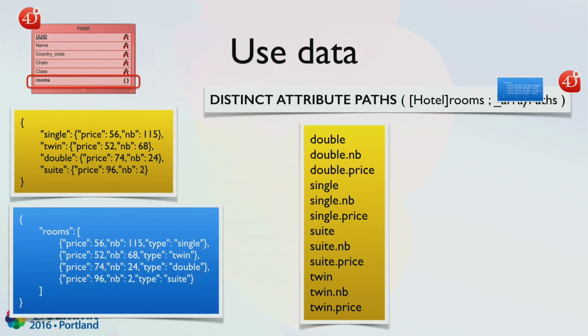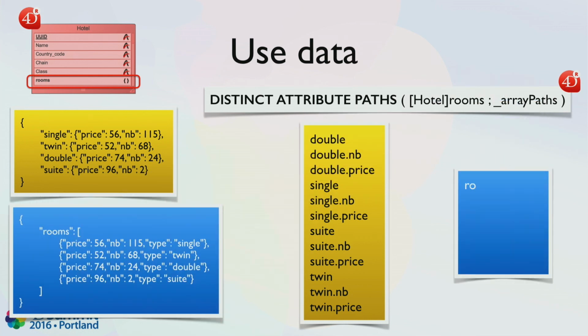For the blue one, first, in the array of paths, you will have rooms. After rooms, dot, square bracket, array; rooms dot array dot number, dot price, dot type. And one is not finished. Did you have an idea for the last one?